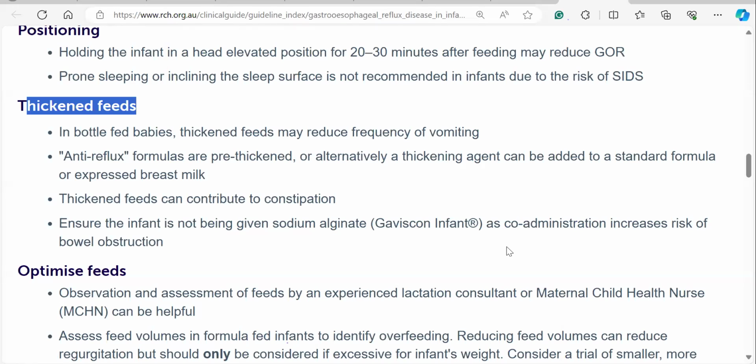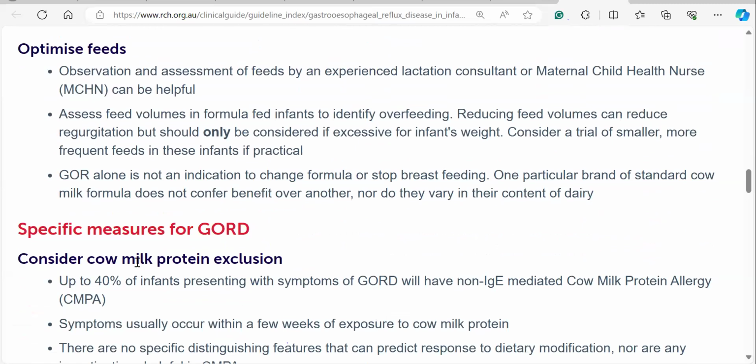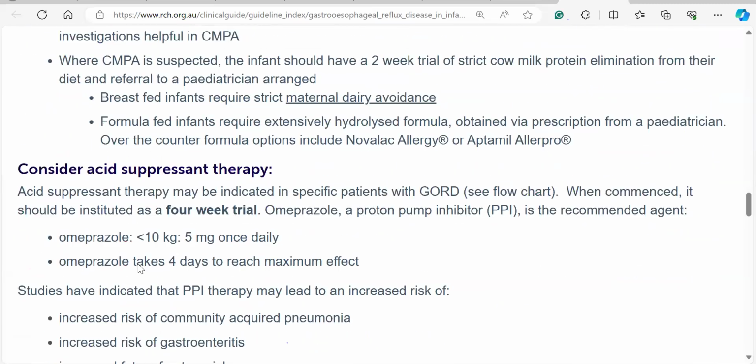If it is really troubling the child and the child is vomiting a lot, then apart from breast milk, you can express some of the breast milk, mix it with a food thickener such as Gaviscon, and then give it to the baby. Okay, because if it is thick, it will have difficulty coming out of the mouth. So food thickener is usually the one that comes in exam. And other than that, small frequent meals, those are the things that can be tried.